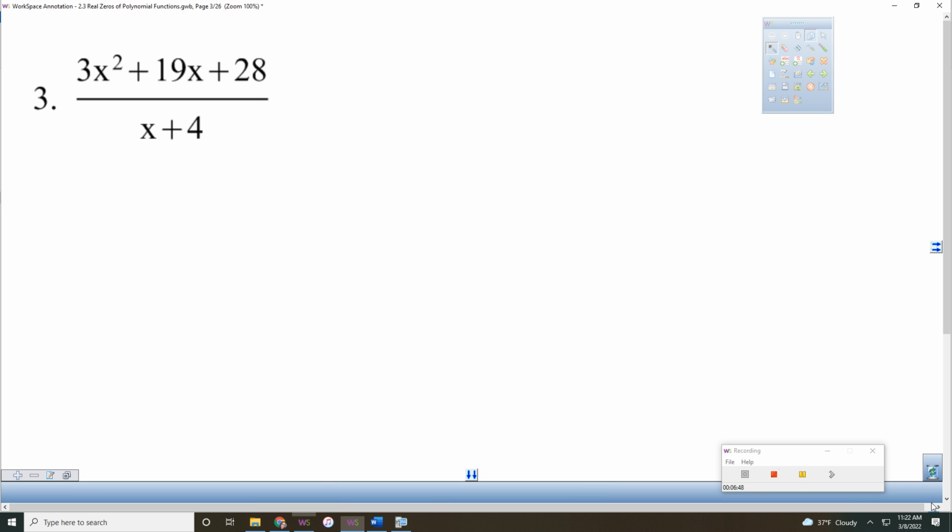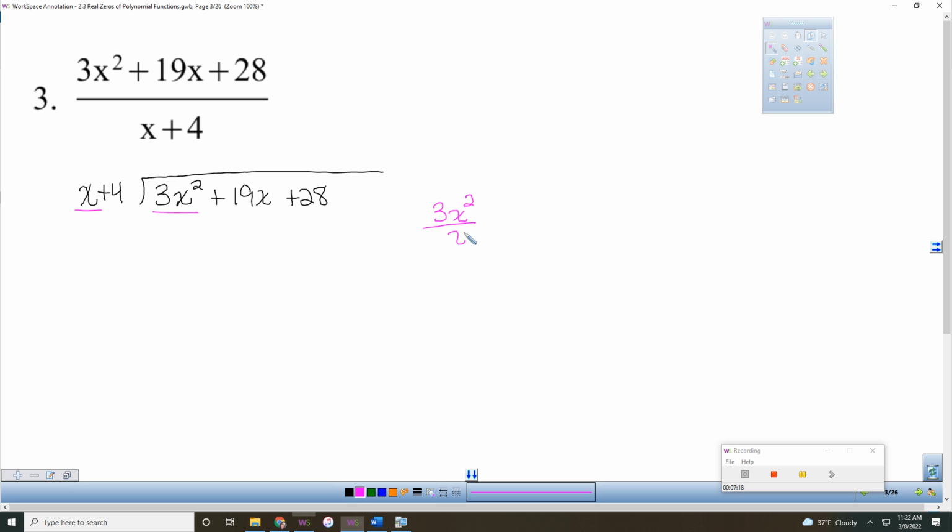All right, so on number 3, same thing. I'm going to put the x plus 4 on the outside. I'm starting with an x squared here, so I don't need to worry about a placeholder because I'm not missing anything after that. So I have 3x squared plus 19x plus 28, and then I'm going to do my dividing. So 3x squared divided by x would give me 3x.